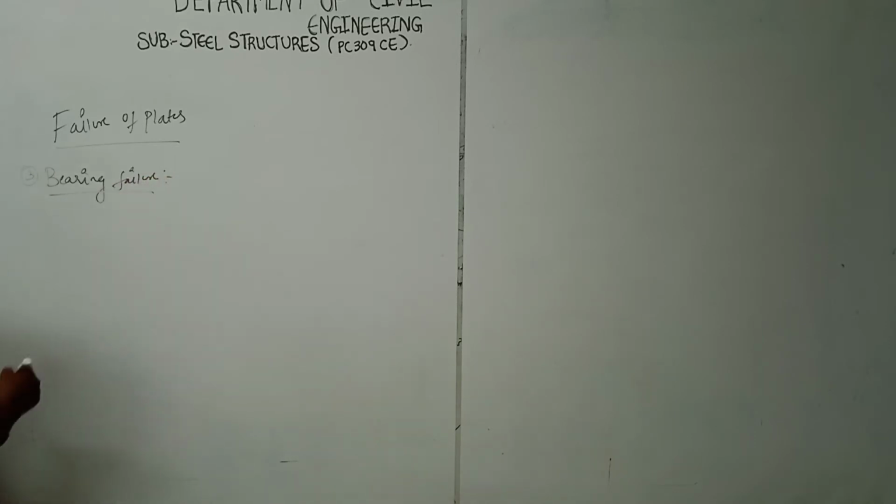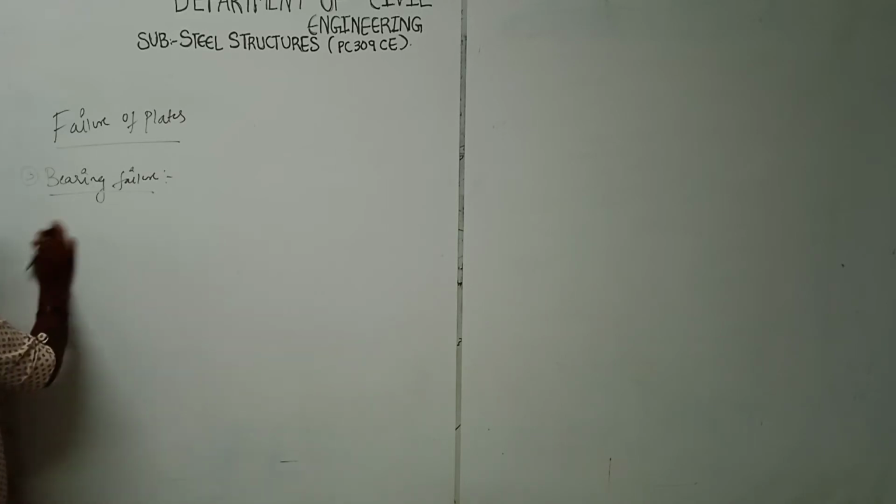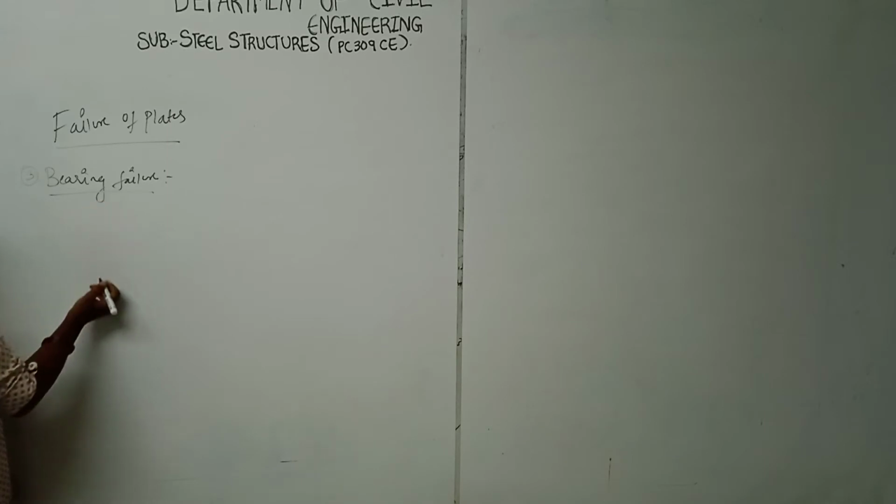We have studied the bearing failure in the bolt. In that, our bolt, which is circular, changes into an elliptical shape when bearing failure occurs. In bearing, what will happen?